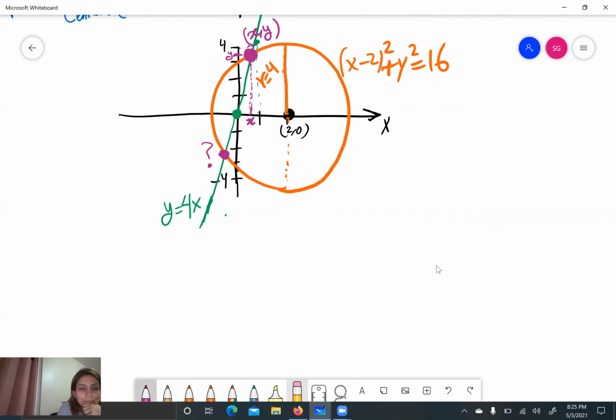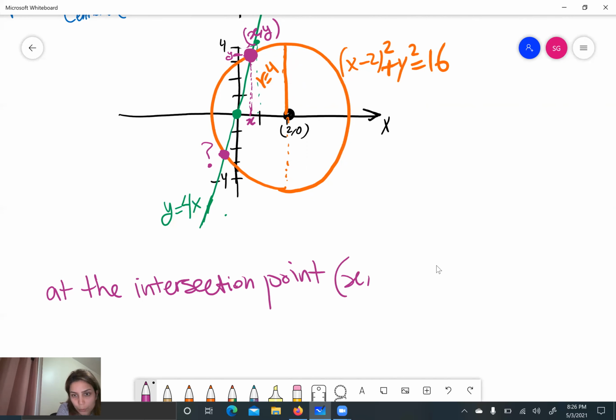At the intersection point, which we said has some x value and y value, the circle and line share the same x value and y value.